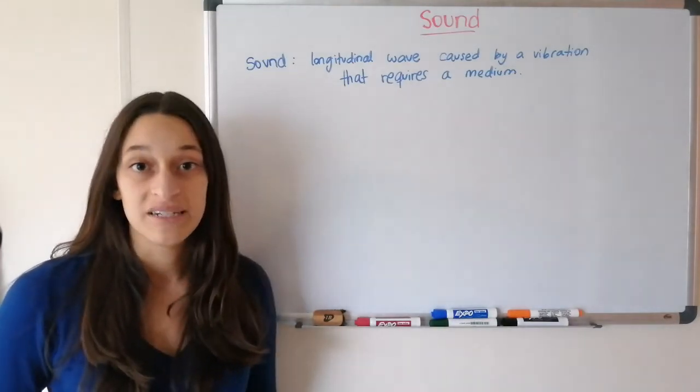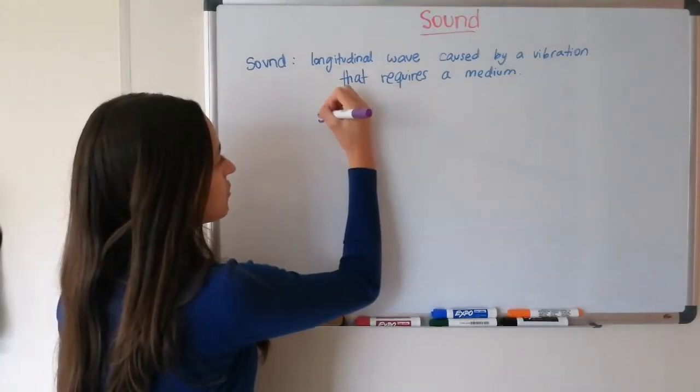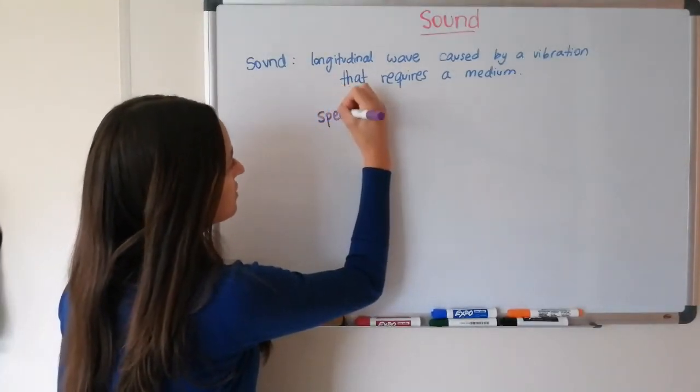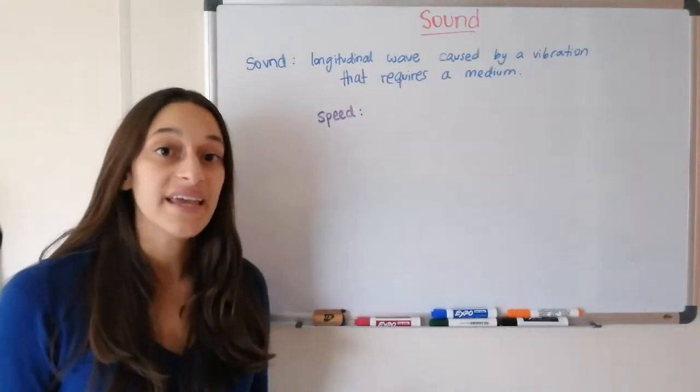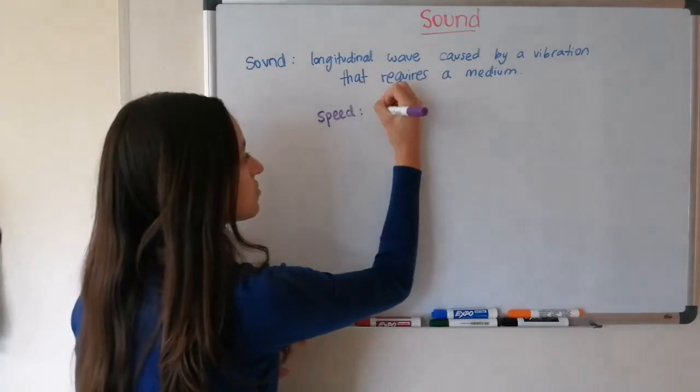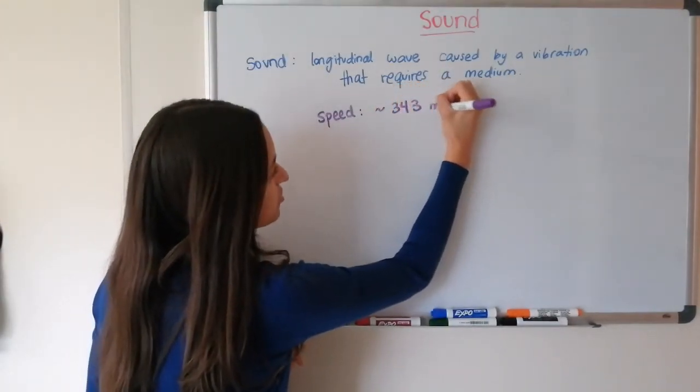So all waves have a speed. What is the speed of sound then? We've talked about the speed of light, but not about the speed of sound. So the speed of sound in air is usually around 343 meters per second.